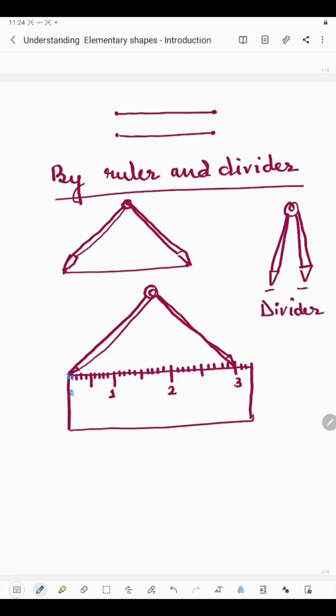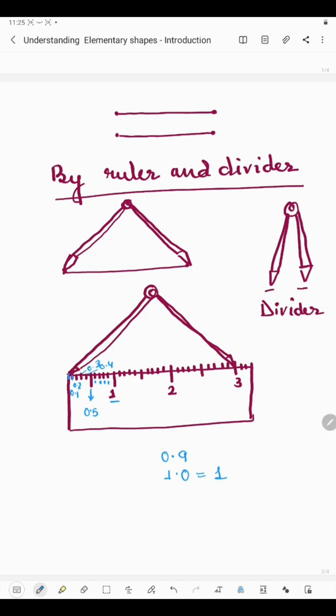After 0 is 0.1, then 0.2, 0.3, 0.4, and in between 0 and 1 exactly here is 0.5, then 0.6, 0.7, 0.8, 0.9. After 0.9 comes 1.0, which is written as 1. So in between 0 and 1 there are 10 subparts, and each subpart of the division is 1 millimeter of 1 centimeter.